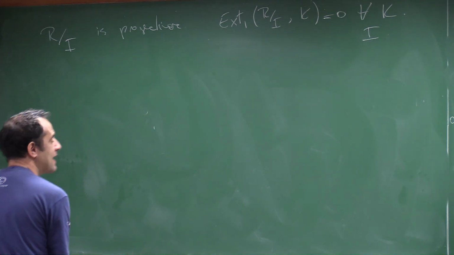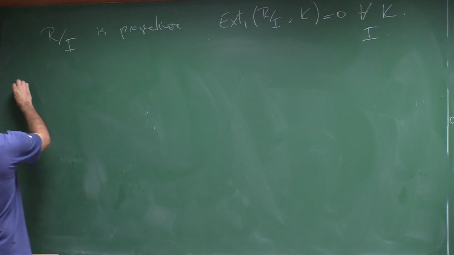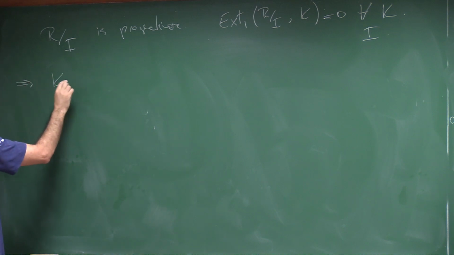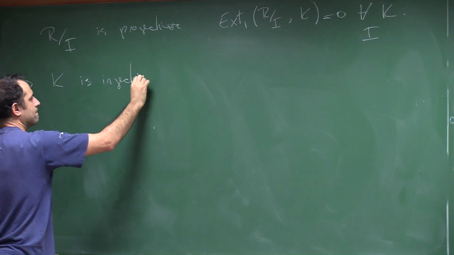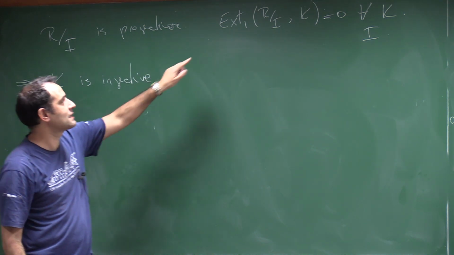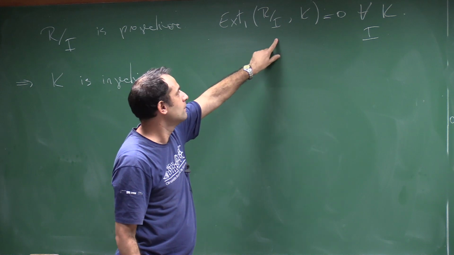But this means, therefore, that every k is injective, by Baer's criterion, since we checked Ext^1 for every ideal.